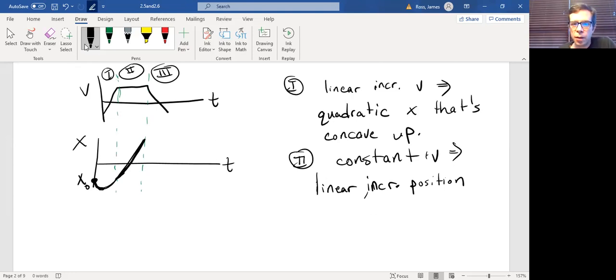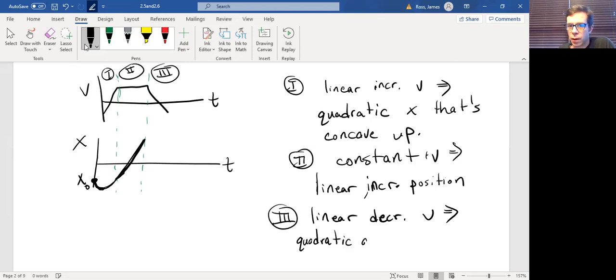All right, during region 3, our velocity is linear decreasing. So that's going to give us an x that's concave down, right? Again, our x will be quadratic and concave down.